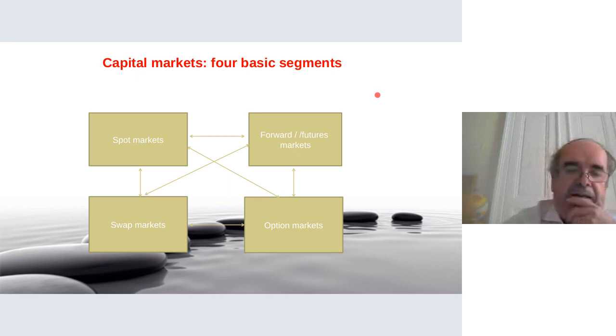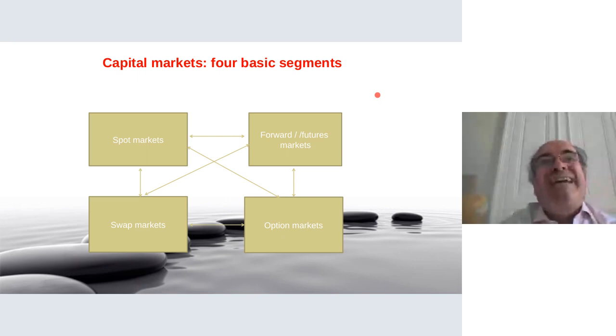And we'll discuss what we call, for instance, credit default swap, CDS, which is a very important instrument which played a very important role in the Greece crisis in 2012.